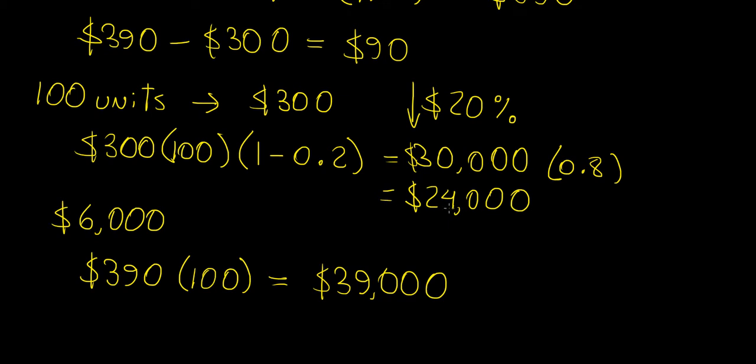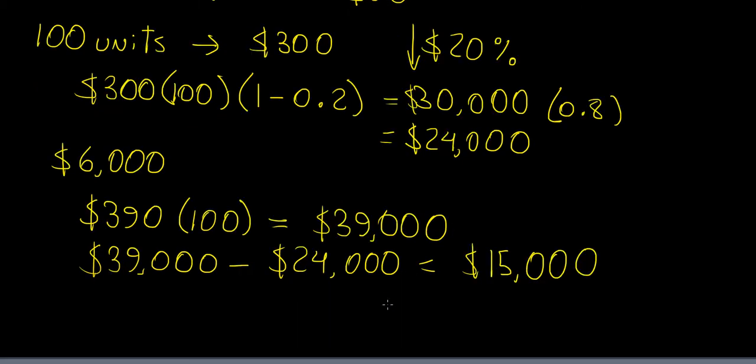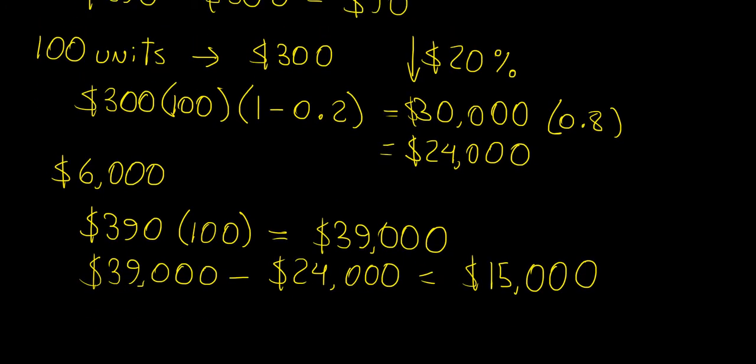Now if you want to find out how much profit you have made, you would just subtract the original cost from this. In this case, that would come down to $15,000. So what this means is that you have recovered all the money that you spent on those products, but you have now earned an extra $15,000.